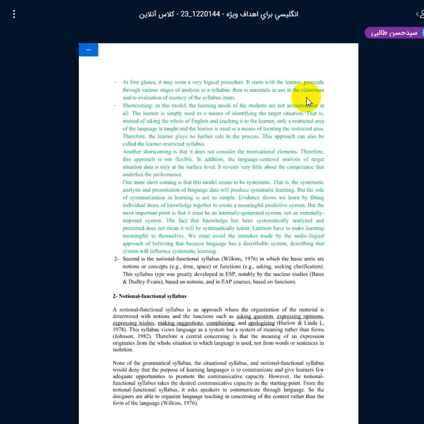The target situation means the ultimate goal, the type of language the student must show to be competent in order to produce.